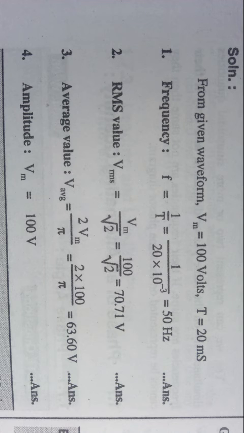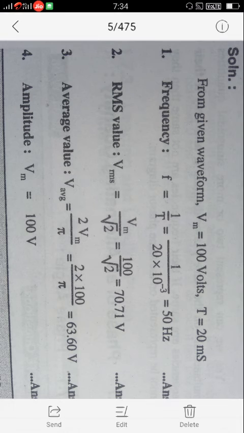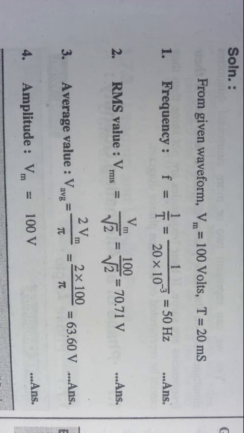From the given waveform, Vm is given as 100 volts and time period is given as 20 milliseconds. First we will calculate frequency as F is equal to 1 upon T, that is 1 upon 20 into 10 raised to minus 3. Minus 3 is taken for milli and the answer comes as 50 Hertz.